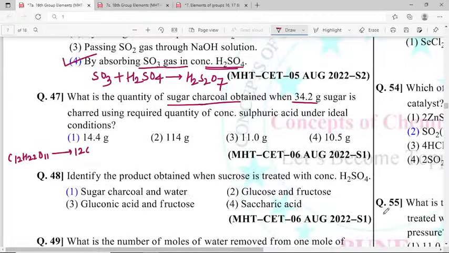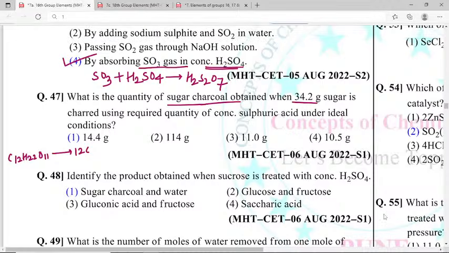Next question number 47. What is the quantity of sugar charcoal obtained when 342 gram sugar is charred using the required quantity of sulfuric acid, ideal condition? C12H22O11 gives 12C plus 11H2O. This is 342, so that's 1 mole here, and 12 mole of carbon.